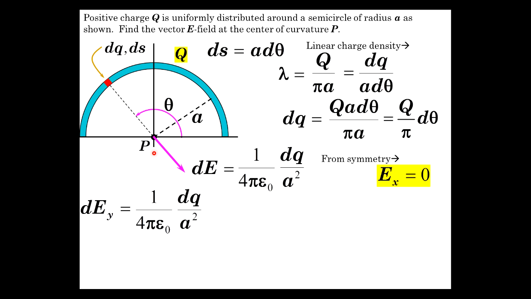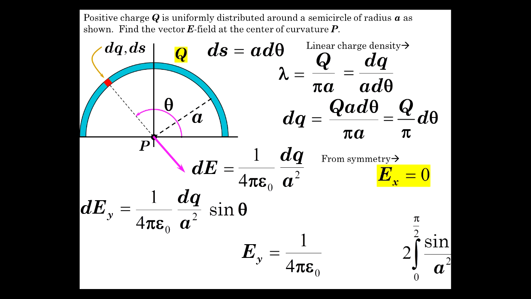Well, it's this component. And it might be easier to look at it from the point of view of, if theta was right here, a small angle, so it was pointing like this, the vertical part of that would be the sine of the angle times a. So it's sine of theta. Sine of theta gives us our answer for the differential E in the y.